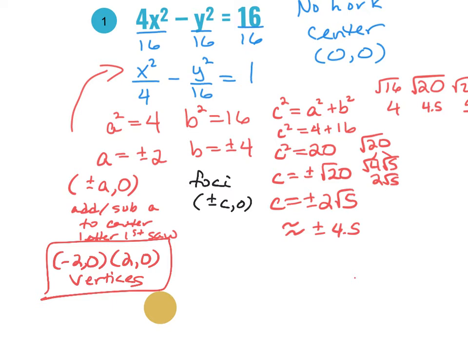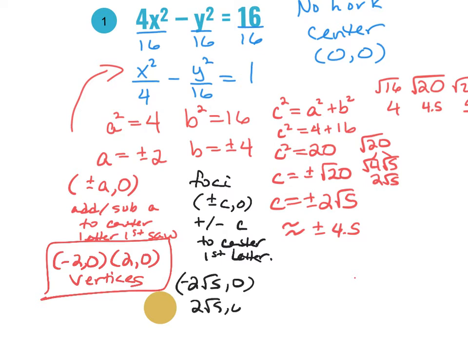Again, you would be adding and subtracting, so plus and minus C to the center of the first letter you see. The first letter I saw was X, so that's why it's going to be negative 2 root 5, 0, and positive 2 root 5, 0. These are your foci, or your focus points.